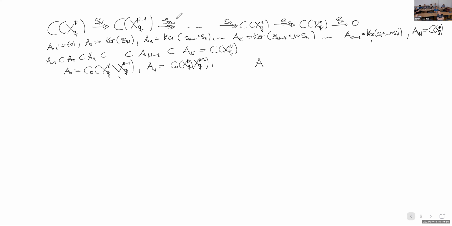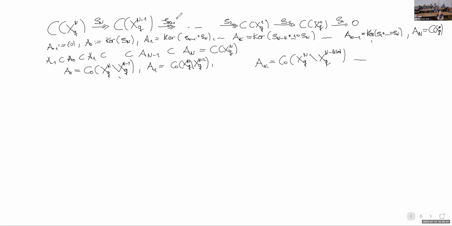So A k would be C0 of X cube n, where we take out 1, 2, so 0, take 1 out, it should be n minus k plus 1. These are the complicated ones, but now we look at the quotients.